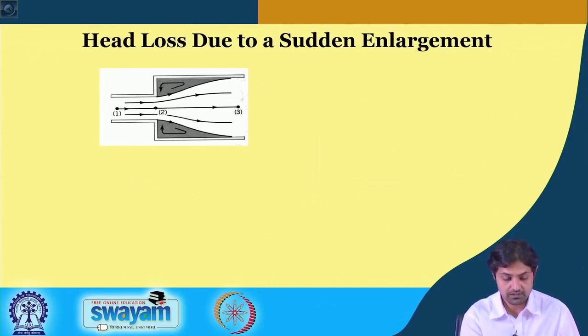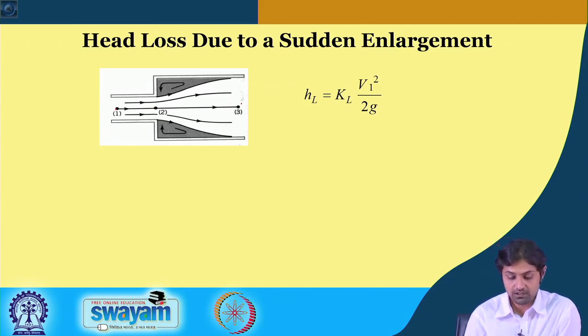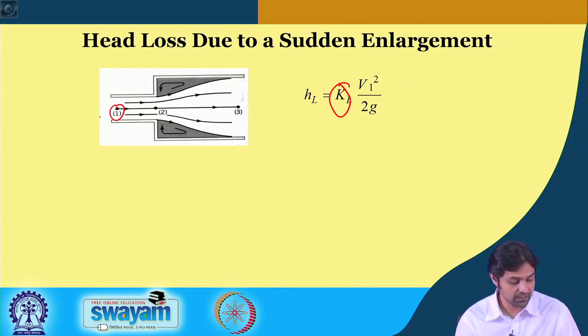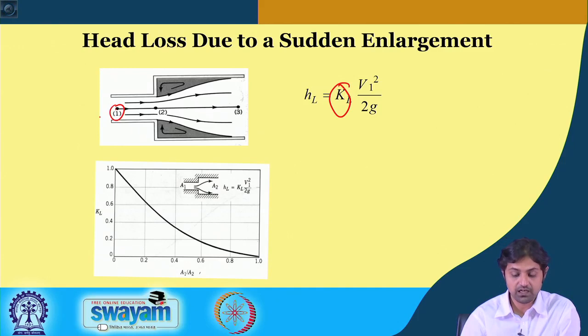So, if there is point 1 here, 2 here and 3 here, the head loss can also be referred to as KL into V1 square by 2G, where V1 is the velocity in the narrower tube, and this KL will be a ratio of A1 by A2, where A1 is the smaller.